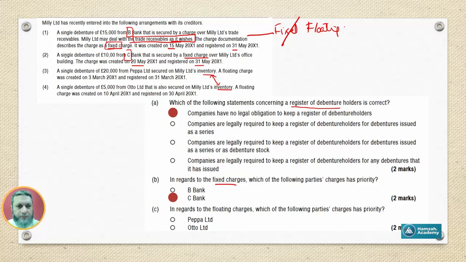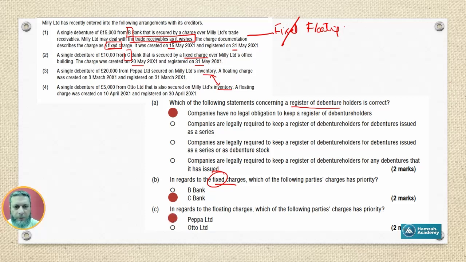Okay, next one. And also it was talking about fixed charges. Even for the sake of argument, if we say that it is not on the same asset, still, one is not a fixed charge and the question is asking about the fixed charge. Second one, a single debenture. Okay, both are created on the same one, and one is a floating charge and the other is also a floating charge.